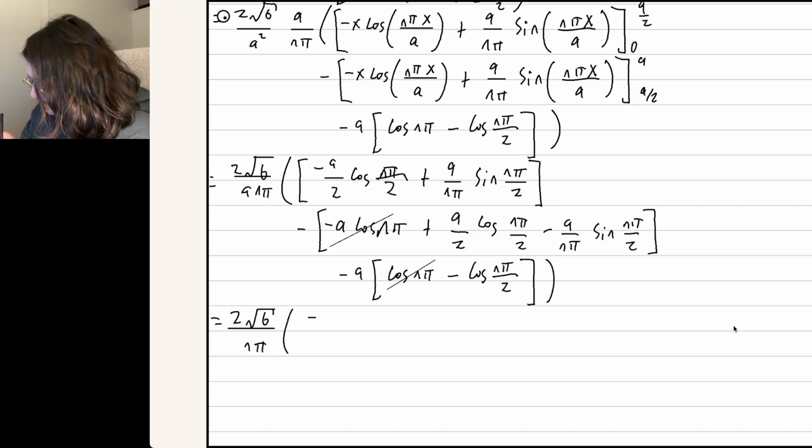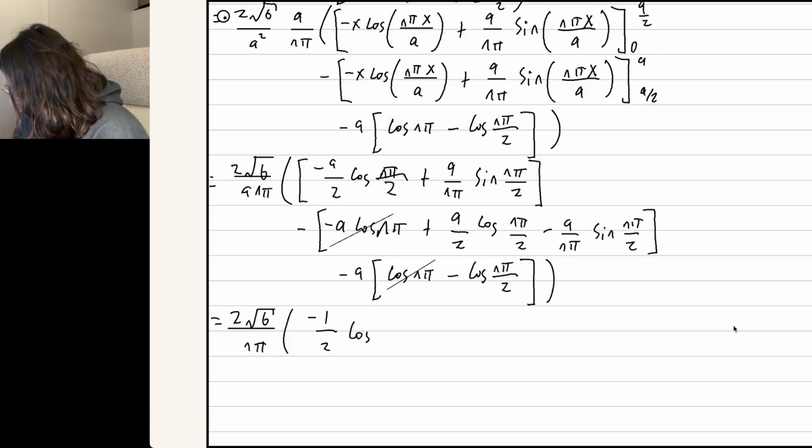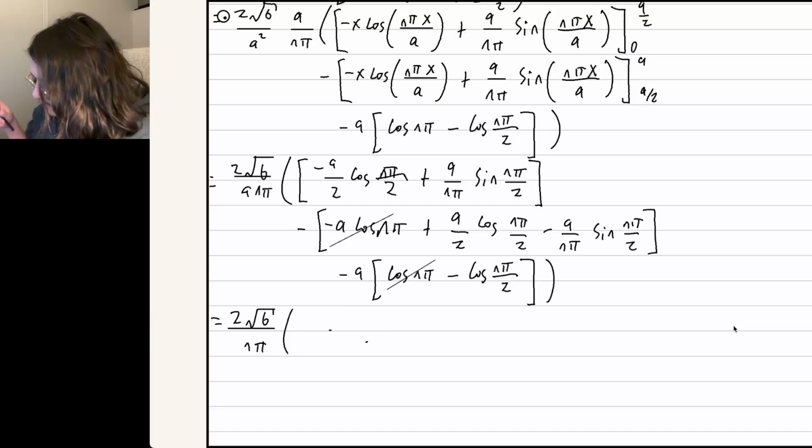We have a minus 1/2 cosine n pi over 2 minus another 1/2 cosine n pi over 2. So that adds up to just being minus cosine n pi over 2.